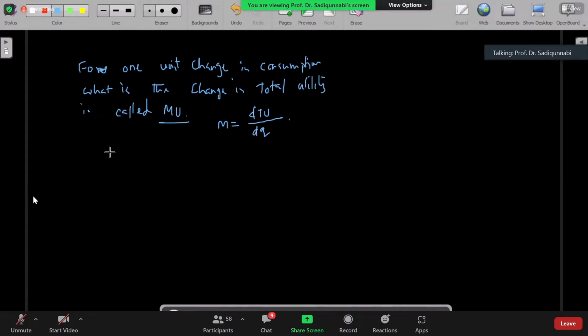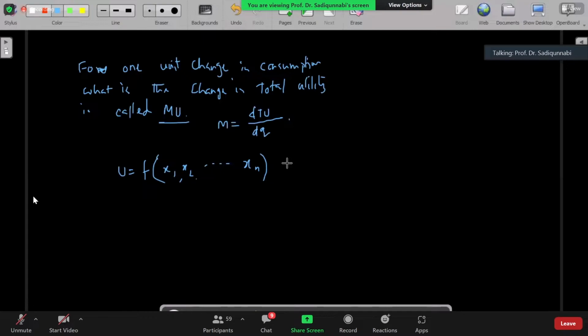Now let us put this idea in mathematical form. Utility is a function of goods x1, x2, up to xn. So we are getting utility from various goods and services we have in the economy.